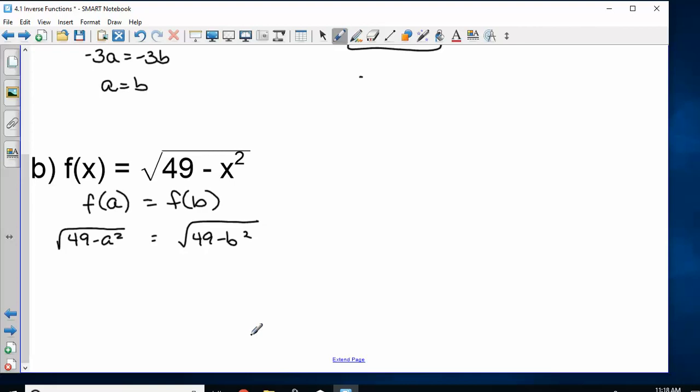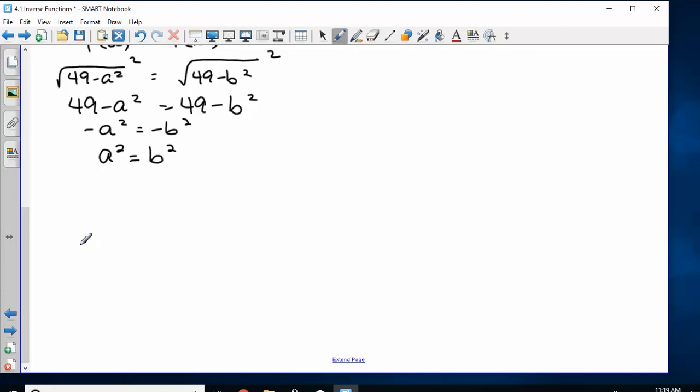If I asked you to solve this for a, what would you do? Get rid of the square root. We could square each side. If I subtract my 49, divide by negative 1.